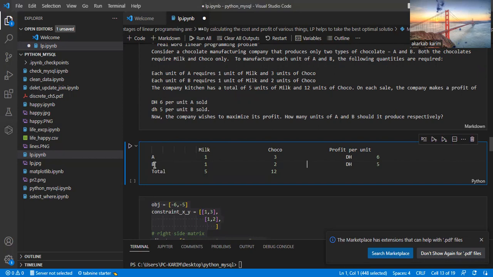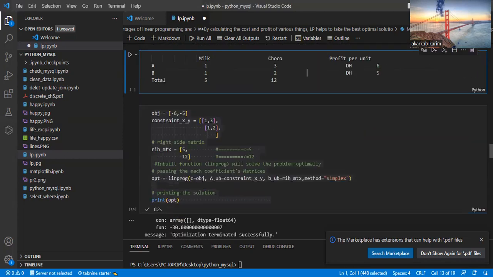And for B, we need 1 unit of milk and 2 of chocolate. And the price for unit B is 5. And the max units we have in the kitchen of this company is 5 of milk and 12 of chocolate.